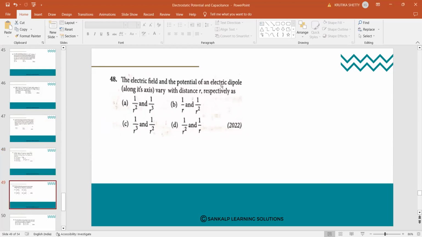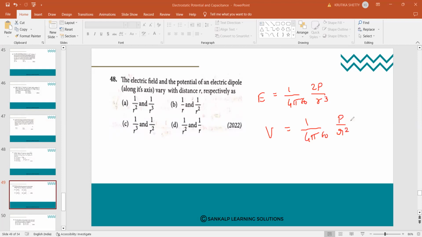The electric field and the potential of a dipole vary with the distance r respectively as. The electric field expression due to the dipole is 1 upon 4 pi epsilon naught, 2p upon r cube, and the potential due to the dipole is 1 upon 4 pi epsilon naught, p divided by r square.